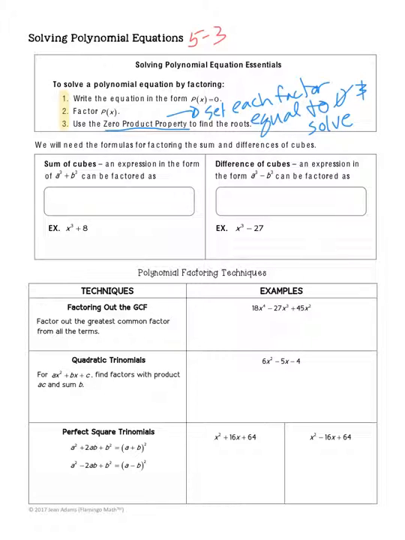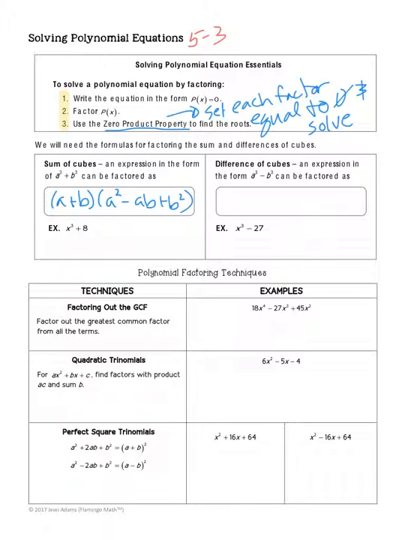So our first one that we're going to look at is the sum of cubes, and so your factor pattern would be some cube plus another cube. And if you have that, then the factor pattern, if you recall, would be a plus b times a squared minus ab plus b squared.